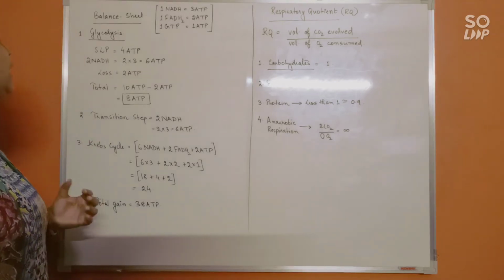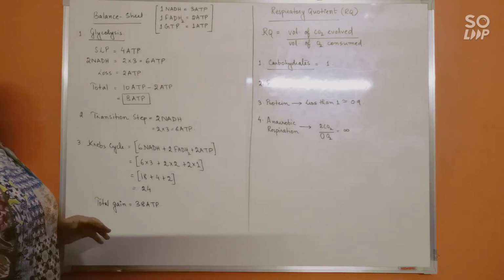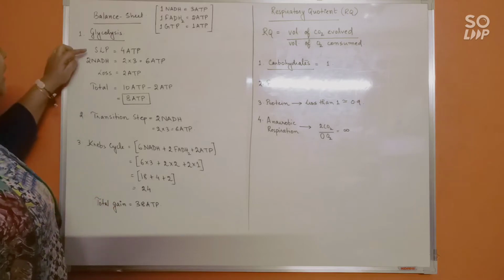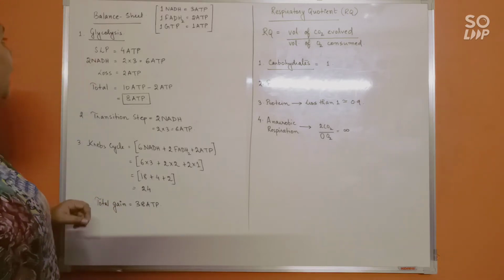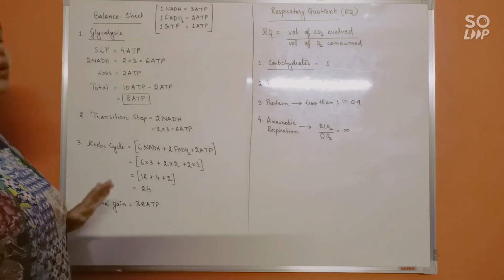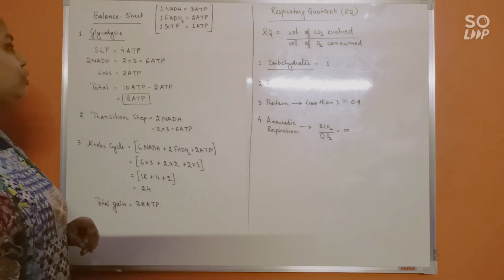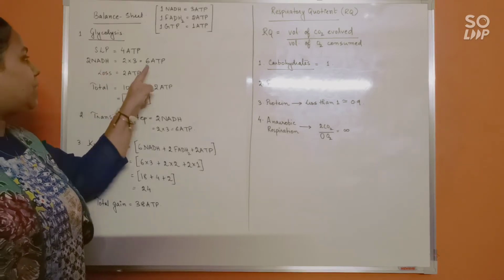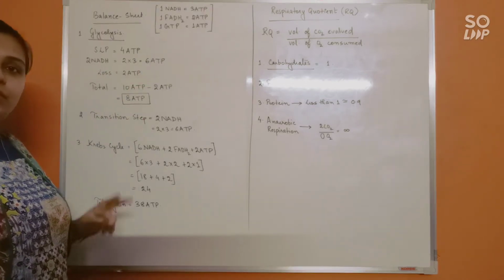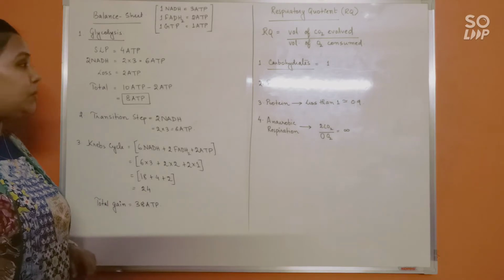So finally, in aerobic respiration, during glycolysis, in the payoff phase, by substrate level phosphorylation, directly 4 ATP are produced, and 2 NADH will be produced during the dehydrogenation step. Because 1 NADH is equal to 3 ATP, 2 NADH is equal to 6 ATP.